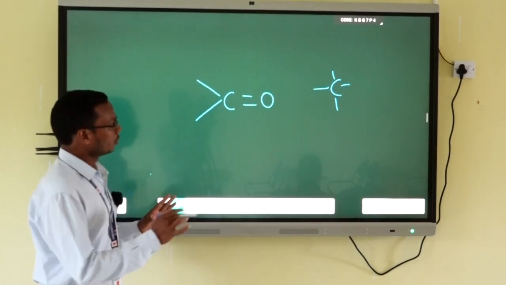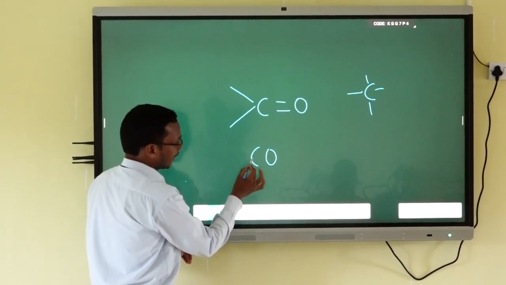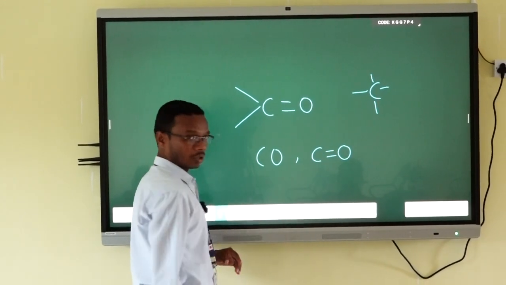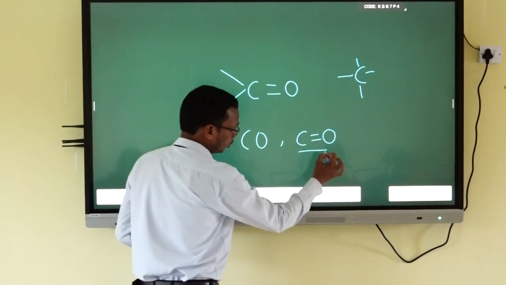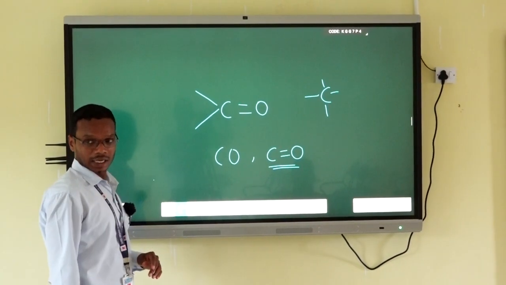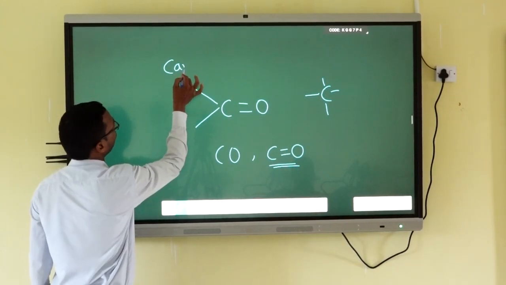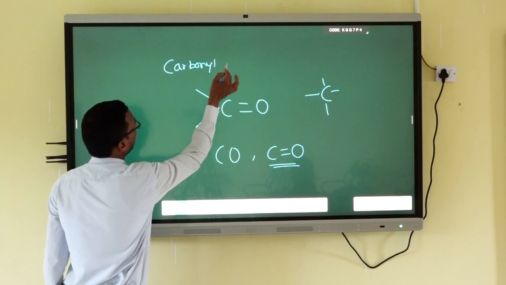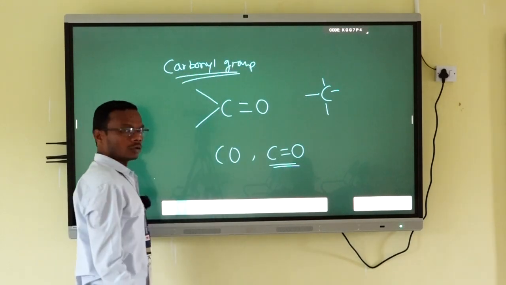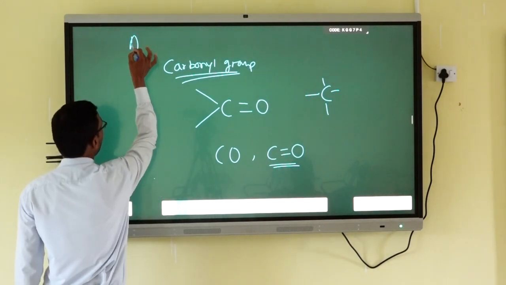If you take a CO group, carbon and oxygen combine by only 2 bonds, and there are again 2 bonds left over. So this group is called the carbonyl group. Today we learn about the carbonyl group, and our chapter is aldehyde and ketone.